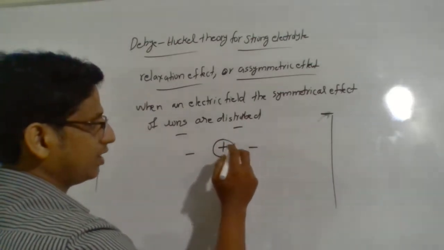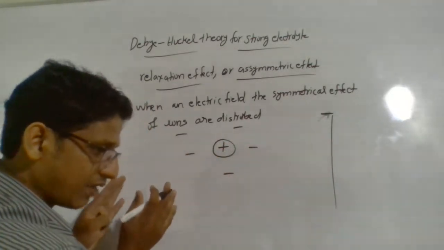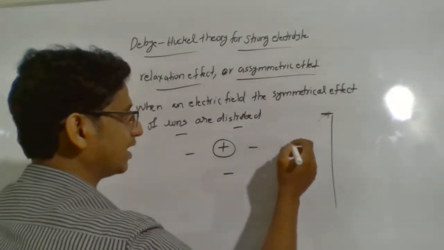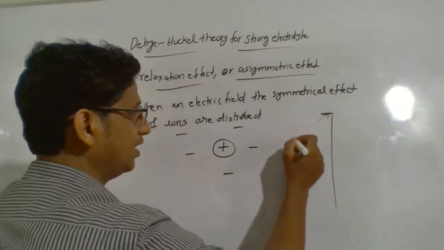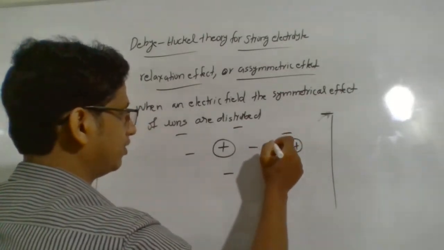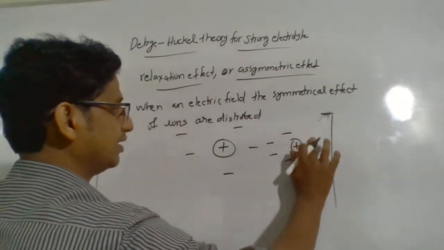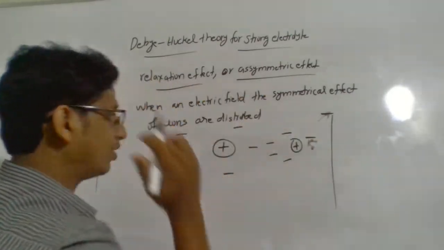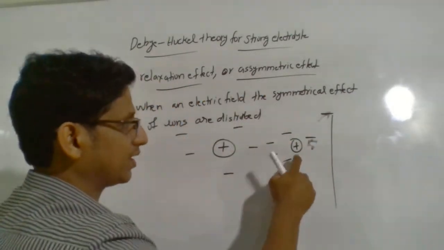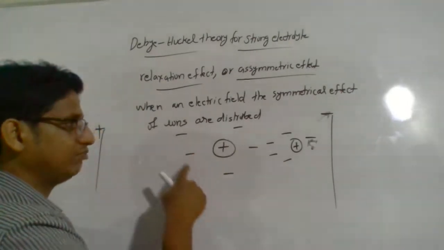So the symmetry is lost because now they have a driving force to move, since the electric field is applied. We are talking about the different concentration of ions surrounding a particular ion. Before the field, positive and negative ions are symmetrically distributed.